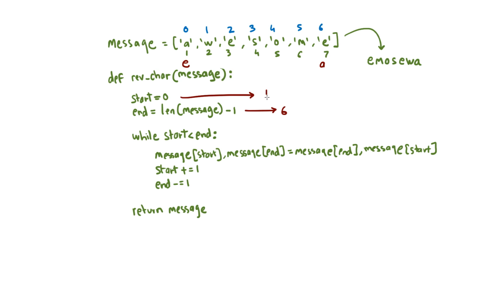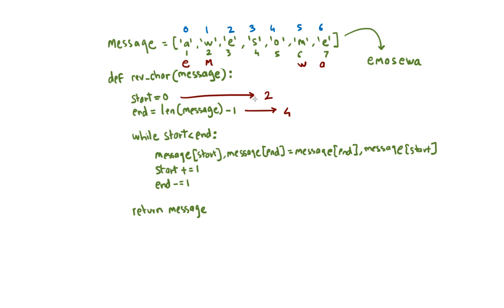So let's make this 1 and we decrement end. So let's make this 5. And 1 is still less than 5, right? Start is less than end, so we again swap. So swapping will get us this. Oops, this.